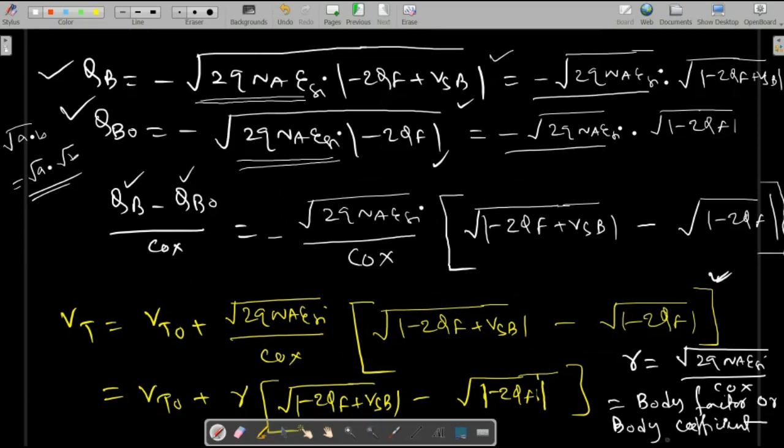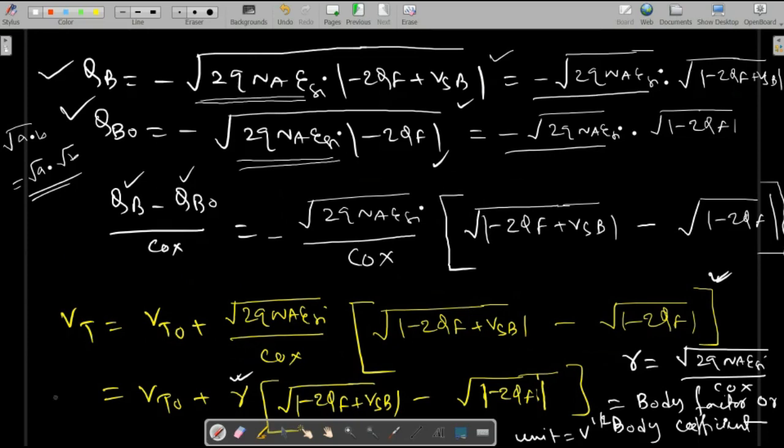The unit of gamma, if you calculate, will be V to the power half, root of V. This gamma basically indicates the role of VSB in the circuit.